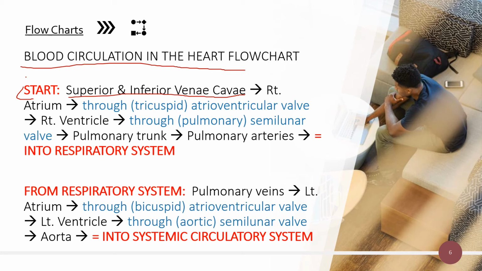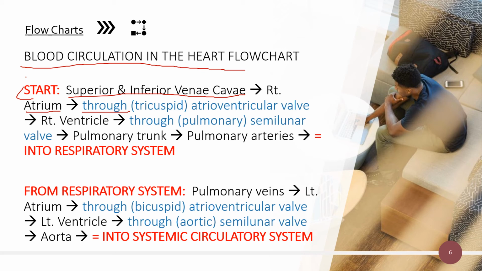And then I color-coded this because this is going through a valve. This isn't a chamber of the heart, like the right atrium in black is. So the valves I color-coded in blue.